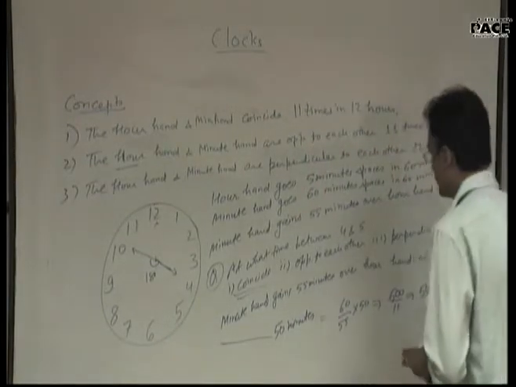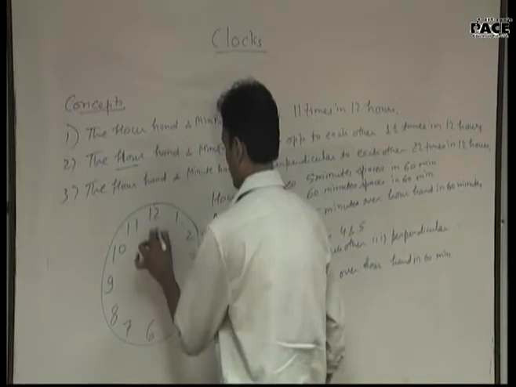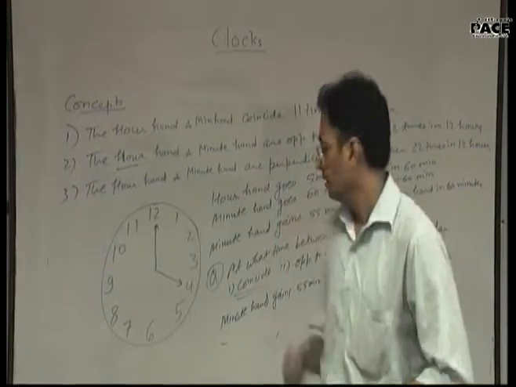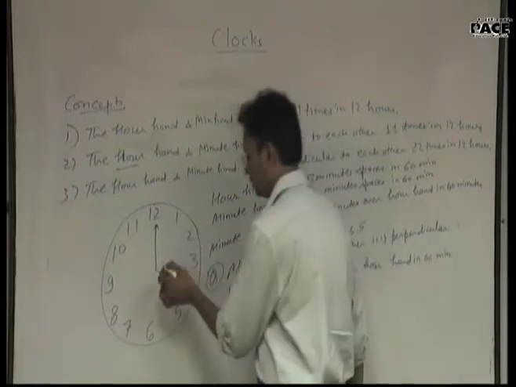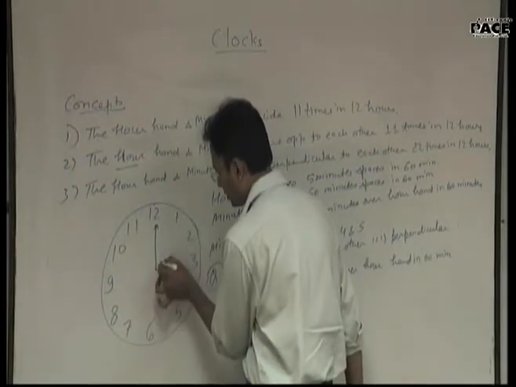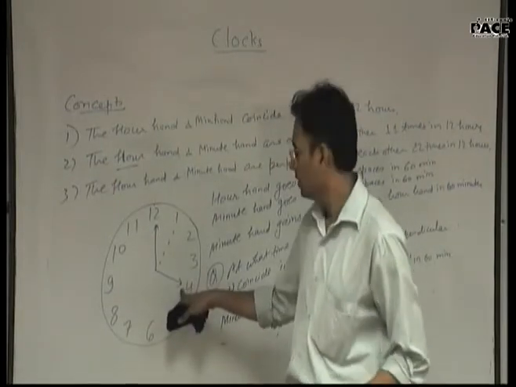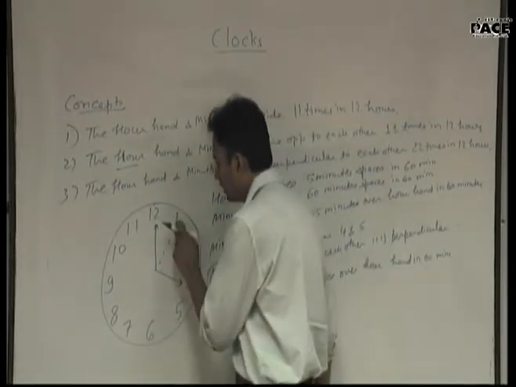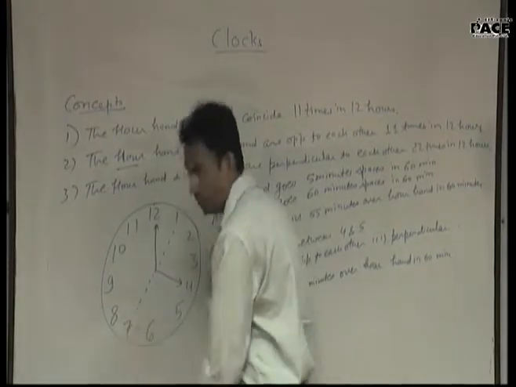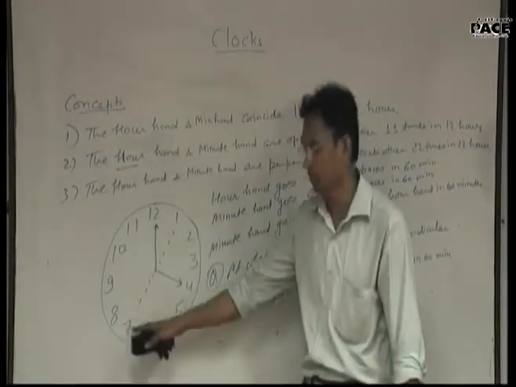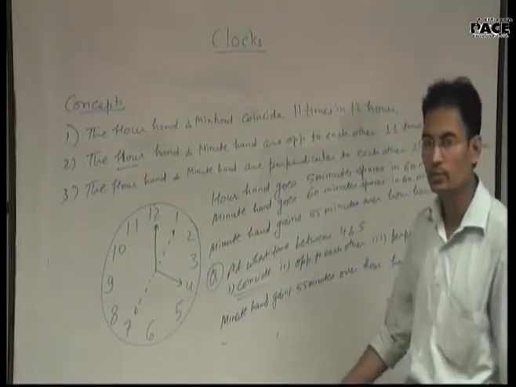Now the third one is perpendicular to each other. Now here we can see they can be perpendicular to each other in two directions. One is in this direction, because if we fix this hour hand and minute hand, we find that this will be the exact perpendicular to this, and at the same time in the different direction it will be at 7. So two cases we have to consider.